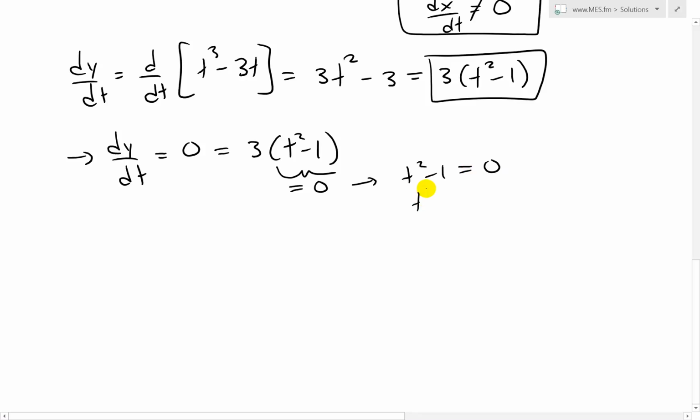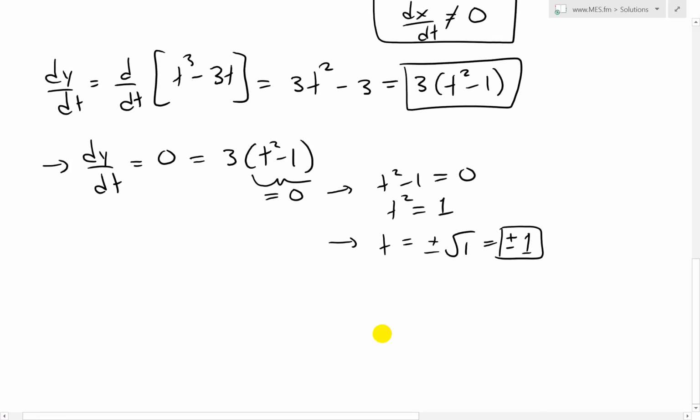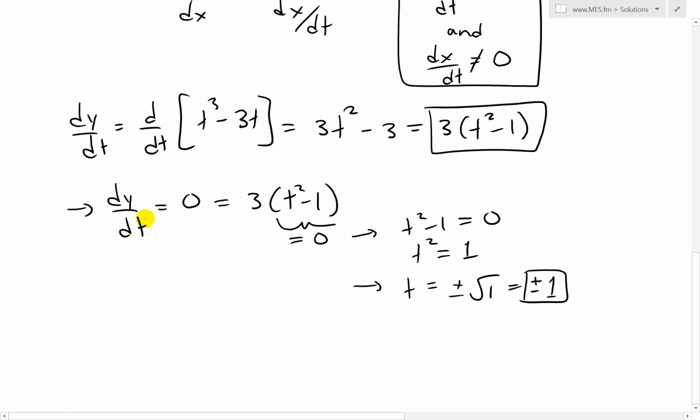Move this over, t squared equals 1. Then we can solve this: t is equal to plus or minus the square root of 1, which is just 1. So t equals plus or minus 1, and at t equals plus or minus 1, we have dy over dt equals 0.